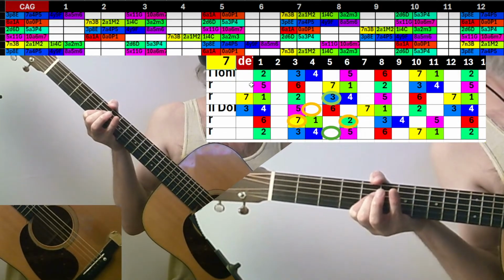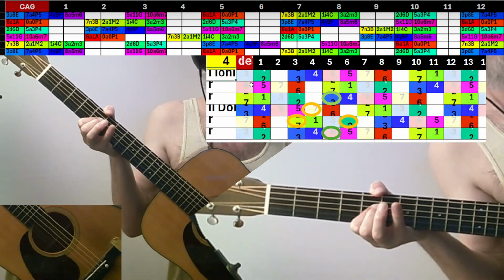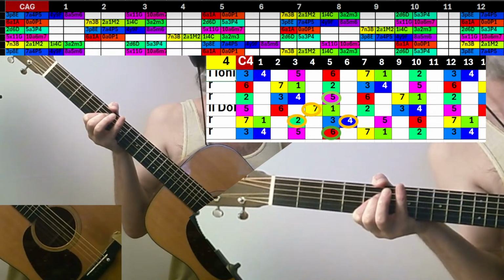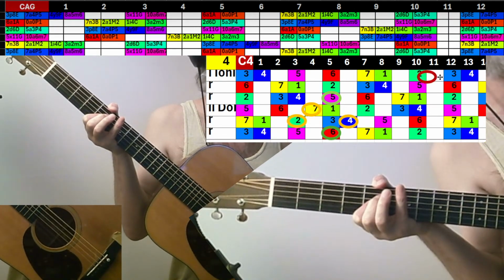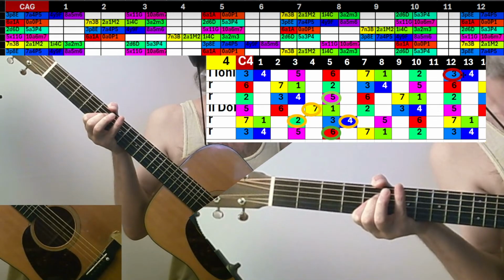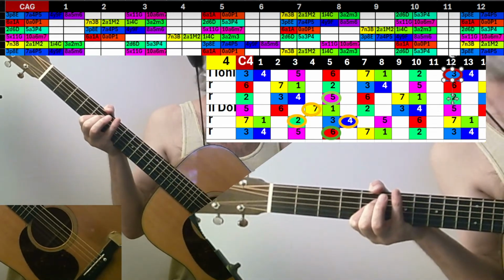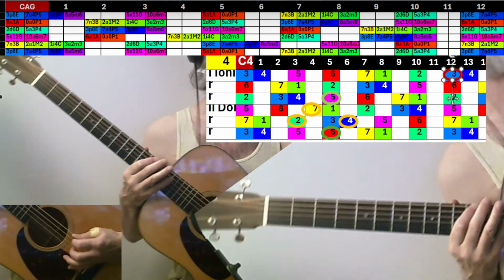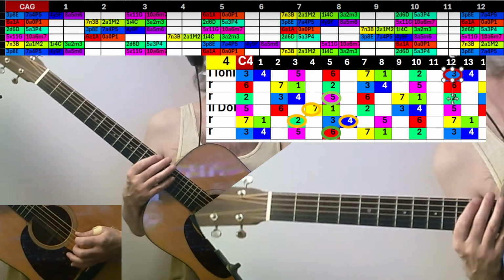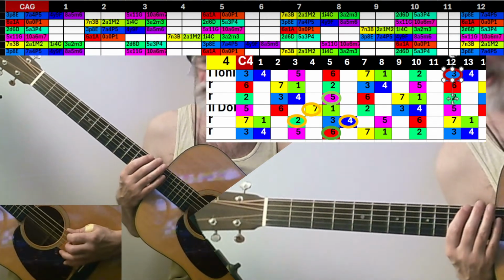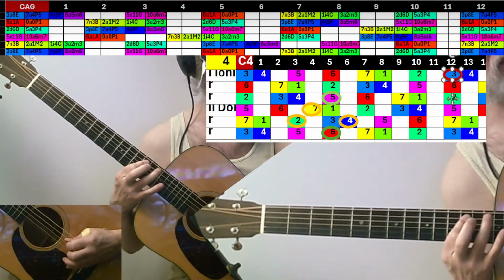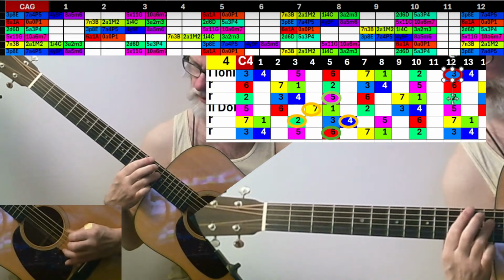Okay, so then let's move it back and say, okay, now we're back here, but what if I don't know it by that node, but I know it by the top string? So there's one here, that would be shape number 4, but let's go to the 12th fret so it's not in open position, so that if I played it there, that would be what I would call the Phrygian/Lydian shape, or the Ionian C shape, or shape number 4. So it would be 3, 4, 5, 6, 7, 1, 2, 3.